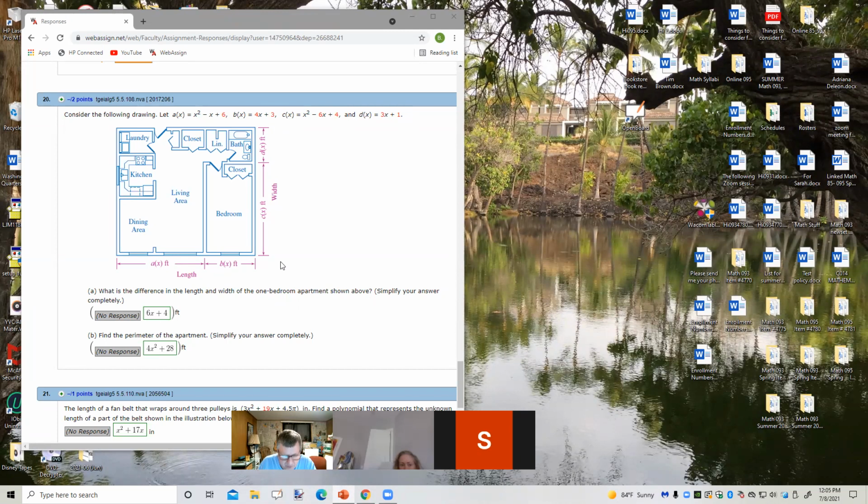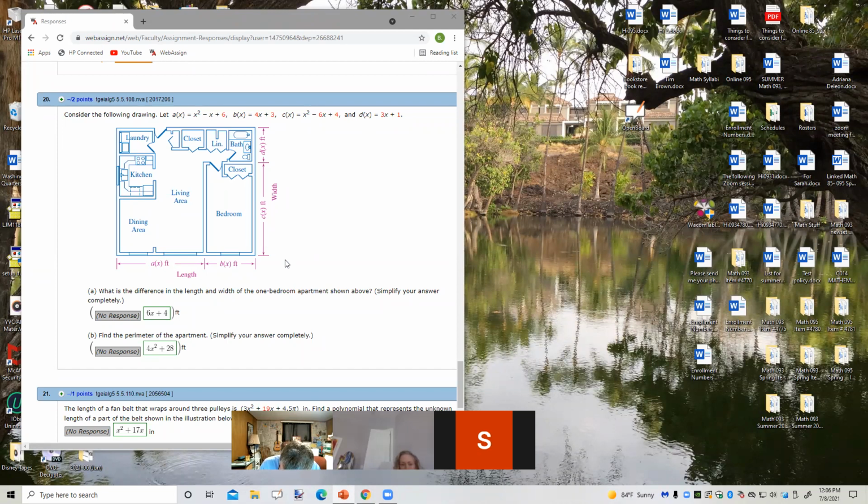Simplify your answer. Okay, so let me reconstruct that drawing somewhat, and then we'll talk about it. So a of x, which is in the lower right-hand corner, is x squared minus x plus 6.